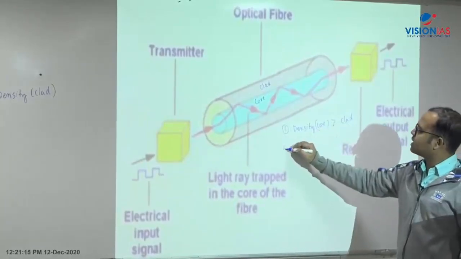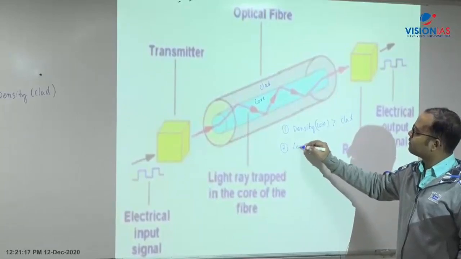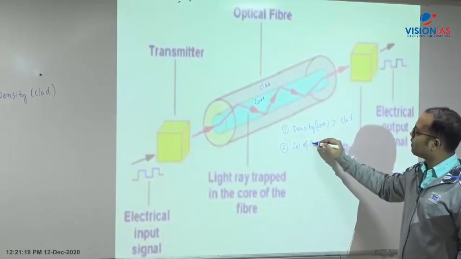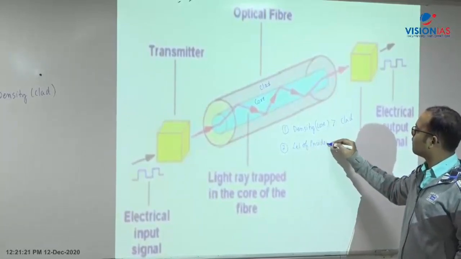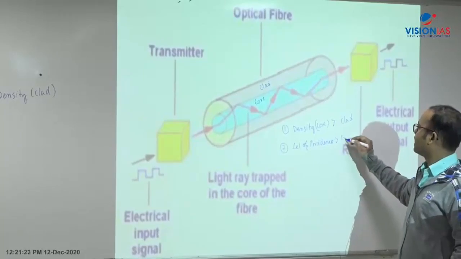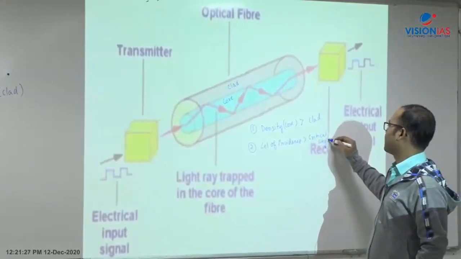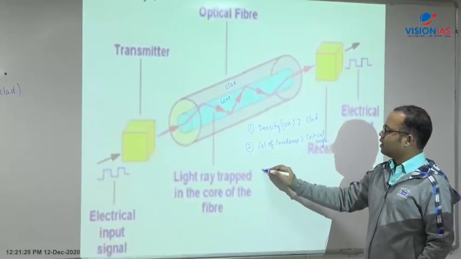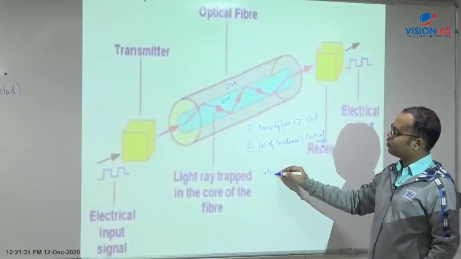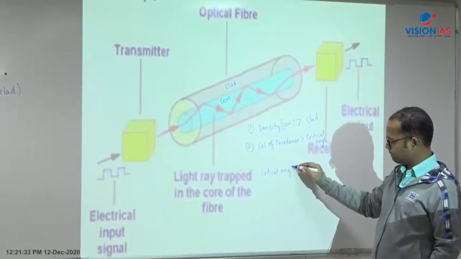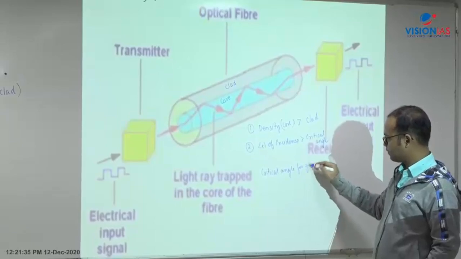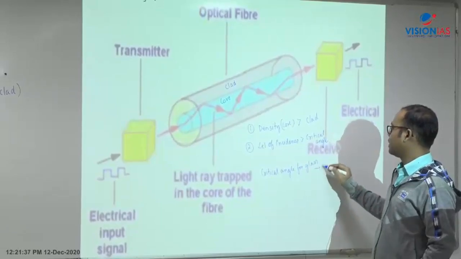And second thing is angle of incidence is greater than critical angle. Critical angle is some special angle. Since it is made up of glass, so critical angle for glass is around 42 degrees.